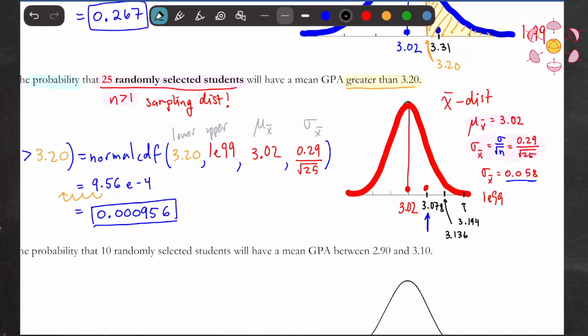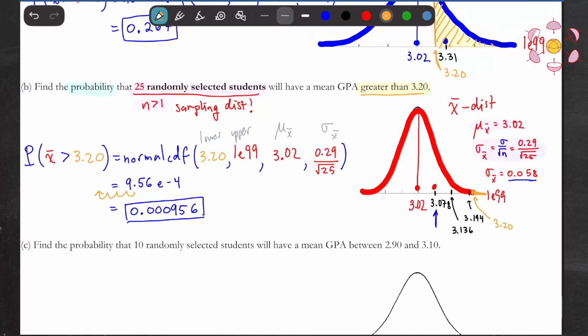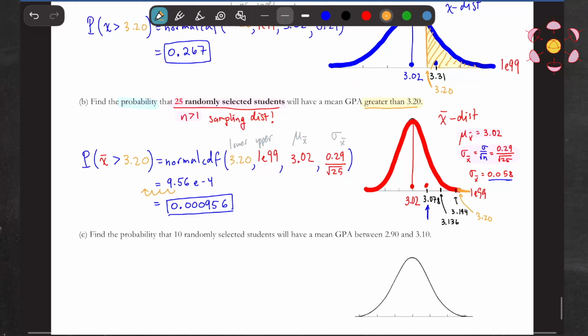Now, since the third tick mark's almost 3.2, let's say 3.2 is just right above that, and then I'm shading everything beyond, which it doesn't really look like I'm shading. Unless you know that I'm using that orange marker, you probably would miss it. Again, look at the probability. It's a super tiny probability.